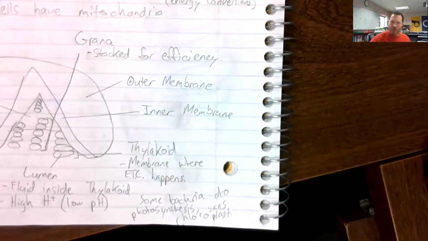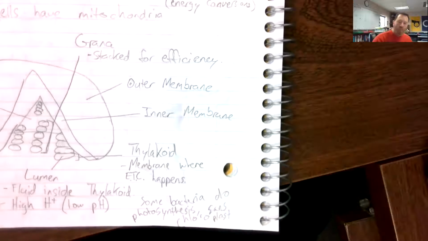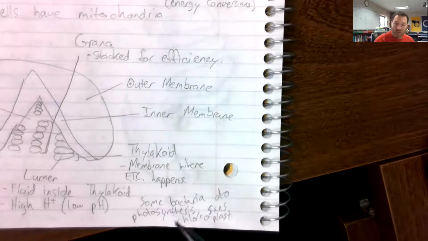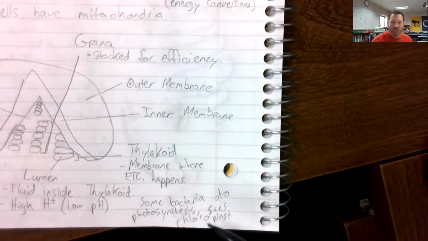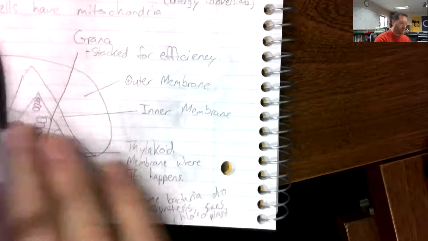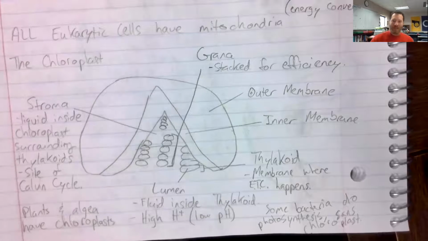Really ran out of room there. Sorry about that. But what that says is that there are some bacteria that do photosynthesis, but they do it sans the chloroplast. That means without a chloroplast. So if we're talking about chloroplasts, we're really only talking about plants and algae.